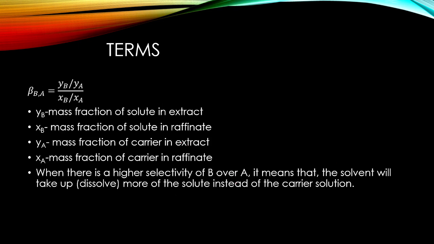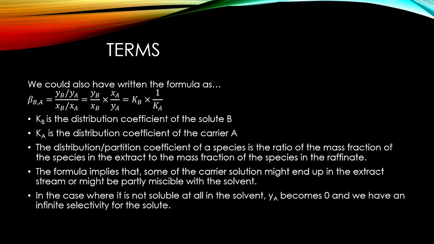Now, these are the same things we spoke about earlier, so we'll not have to take too much time there. But if we have a higher selectivity of B over A, it means that the solvent will take up more of the solute instead of taking up more of the carrier solution. So we'll end up dissolving more solutes than carrier solution.